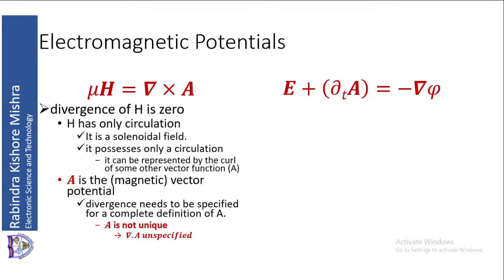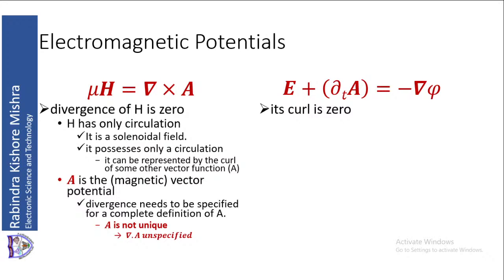Its curl is known, its divergence is not known. We will see why that is required. So A is not unique unless we define the divergence. So del dot A is unspecified. That makes A not unique. We have to specify divergence of A. That we will see later how to specify it.